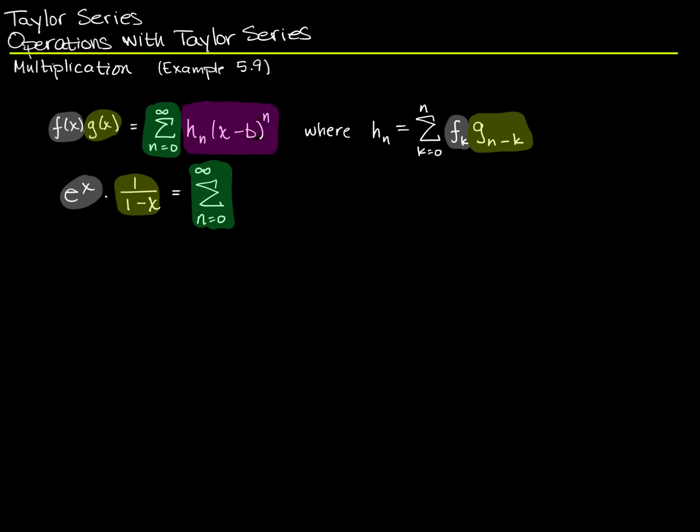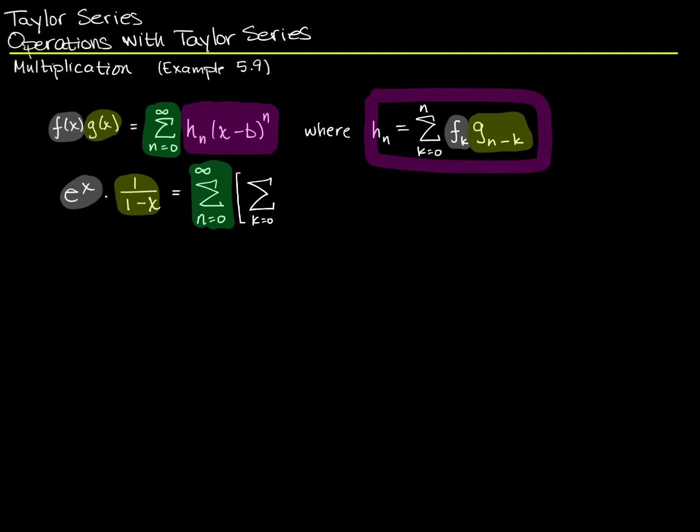H sub n evaluated at x minus b to the power of n is all of this, right? It is itself a sum. So I'm going to have the sum of the sum, as k goes from 0 to n, of the function f evaluated at k, and k goes from 0 to n. So evaluated at k, and the summation for e to the x is x to a power over that same number power factorial.